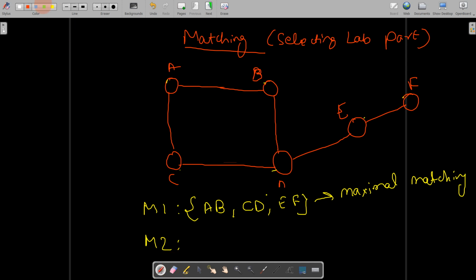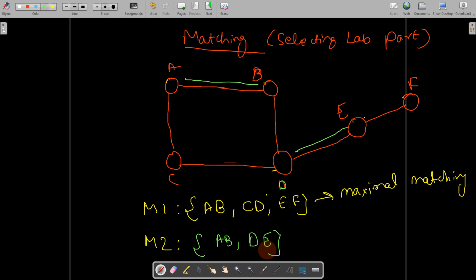Another possible valid matching can be DE. Then I cannot select CD, BD, right? Then what we can select is AB, right? This is another one, AB and DE.